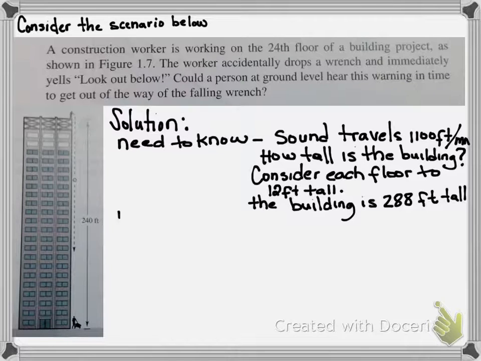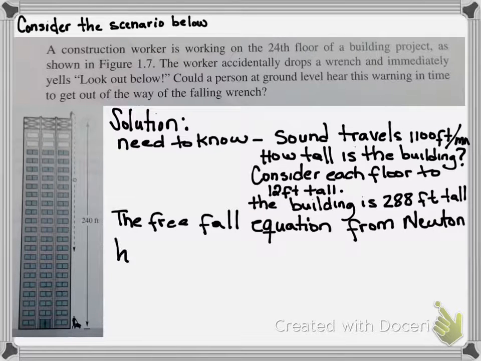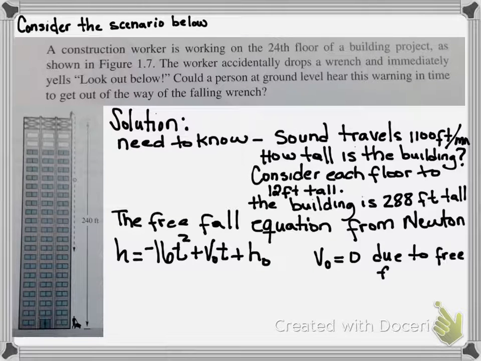That is of course h, the height of a free fall object, equals negative 16t squared plus v naught times t plus h naught. v naught is what we call the initial velocity, and h naught is the initial height.